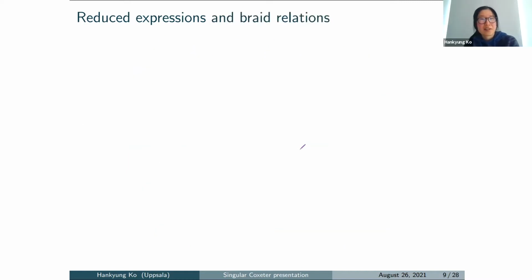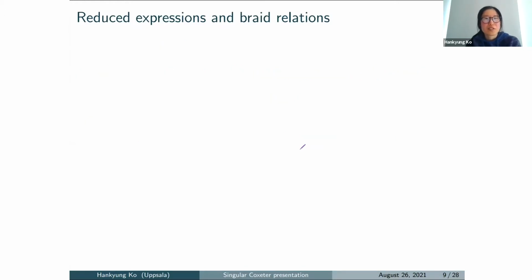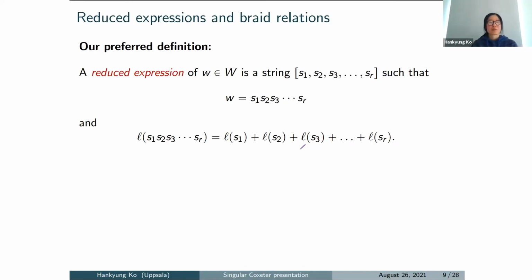Okay, and I now can talk about braid relations in relation to reduced expressions. I want to reformulate very slightly the definition of a reduced expression. Here I directly define a reduced expression, not by defining expression and then reducing. A reduced expression of an element w is a string such that it expresses w and such that the lengths add.